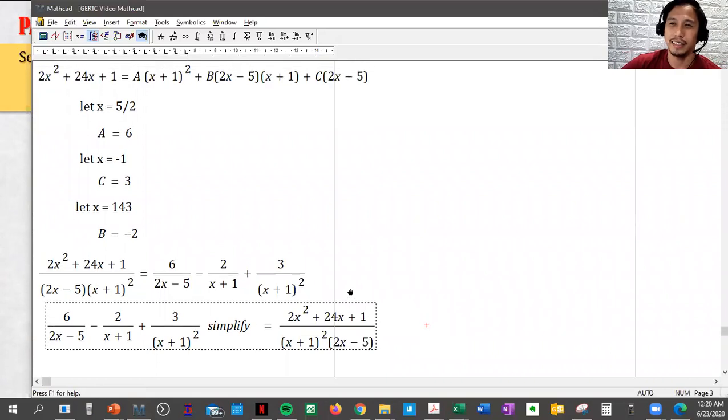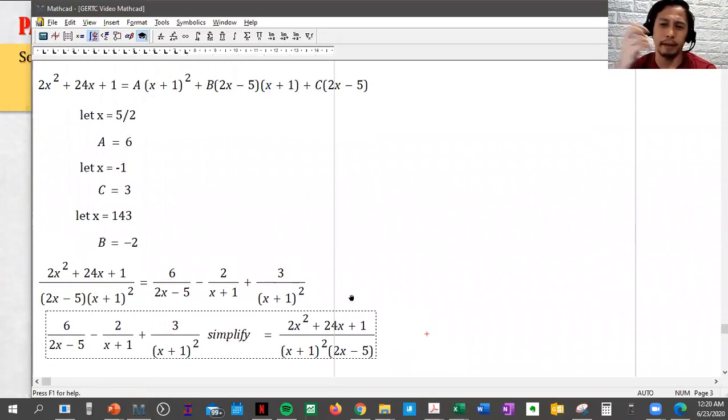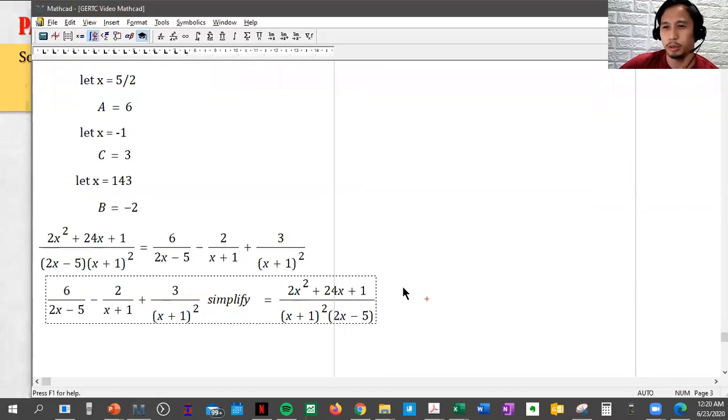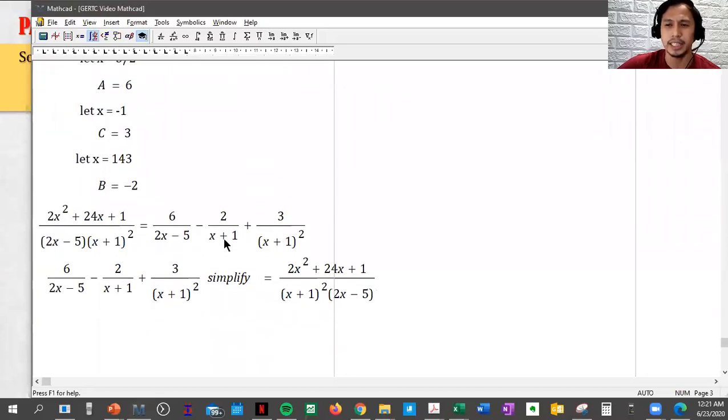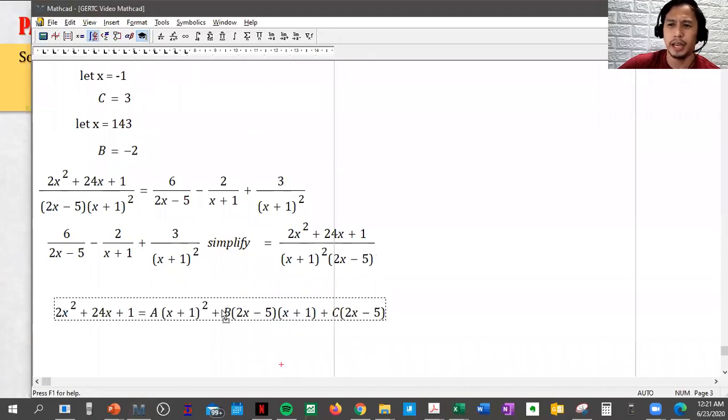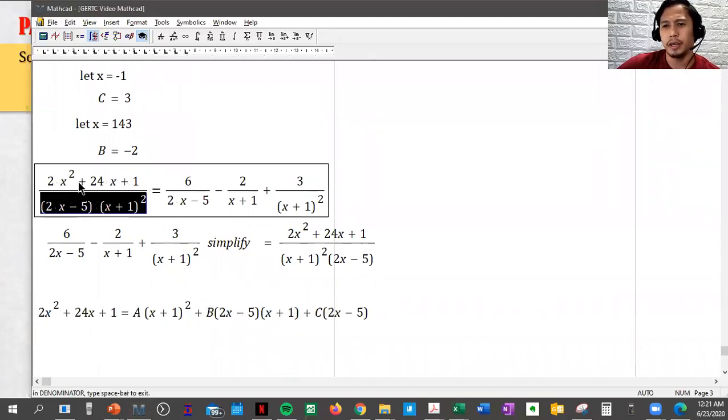So that's how it goes. Now, there are times when there are many variables, and you can do this solution instead. This is an identity. What does identity mean? It means this is just equal to this. There's no specific value of x.